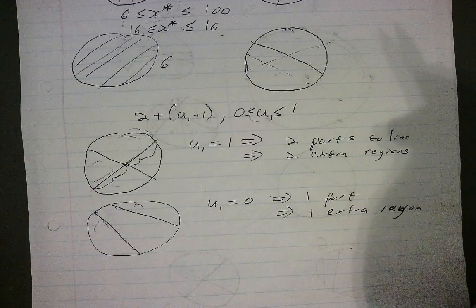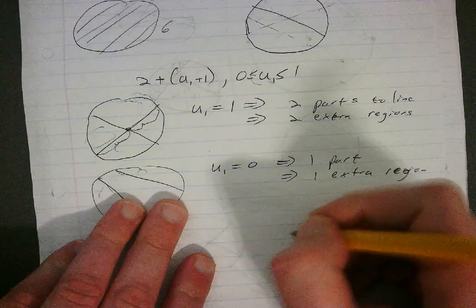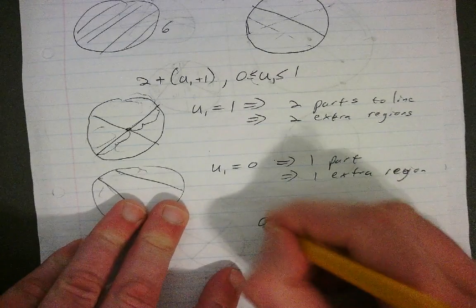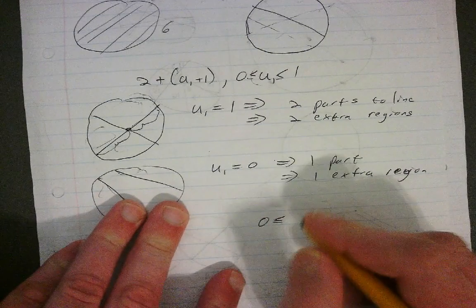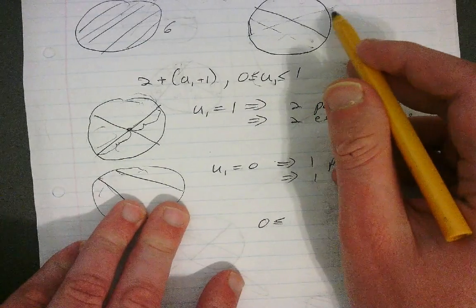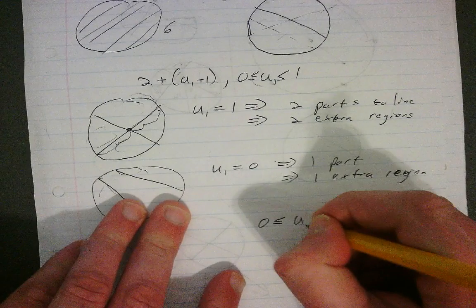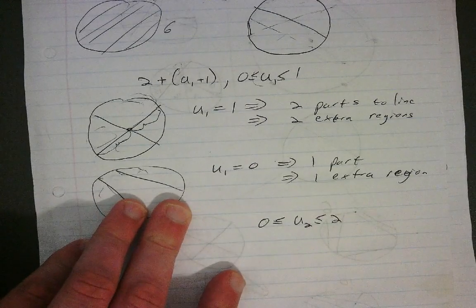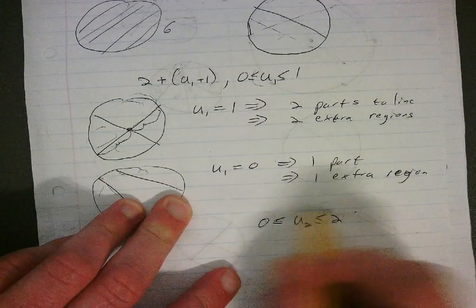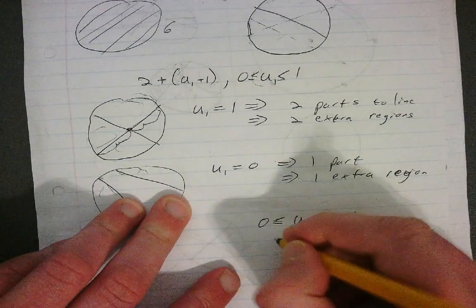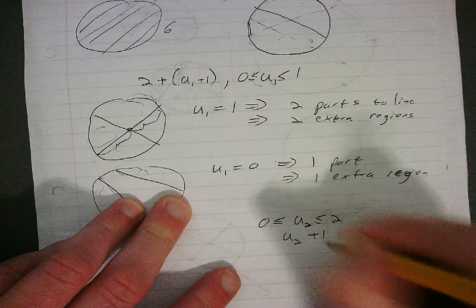Then for the third line, it can cut between 0 of the previous 2 lines up to 2 of the previous 2 lines. And the number of extra regions it adds is going to be U2 plus 1.